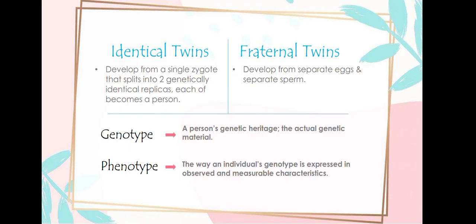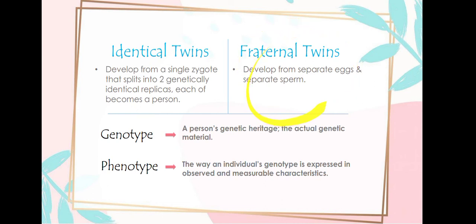Okay, there are situations where we see identical twins and fraternal twins. Identical twins means there are two babies who look exactly the same. The face, their looks are the same. So that's why we call it identical twins.